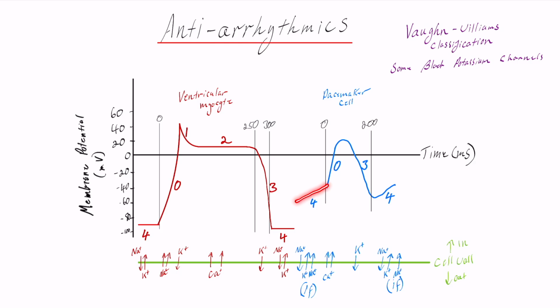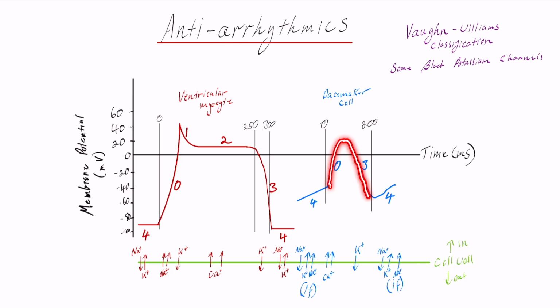which means that you have this unstable resting membrane potential that's constantly going positive until it reaches threshold and enters phase 0, which, unlike the ventricular myocyte, where phase 0 is dominated by sodium influx, phase 0 in the pacemaker cell is dominated by calcium influx. So this phase 0 will then reach a peak at about 20 to 30 millivolts, where the calcium channels will then close and potassium efflux will dominate.